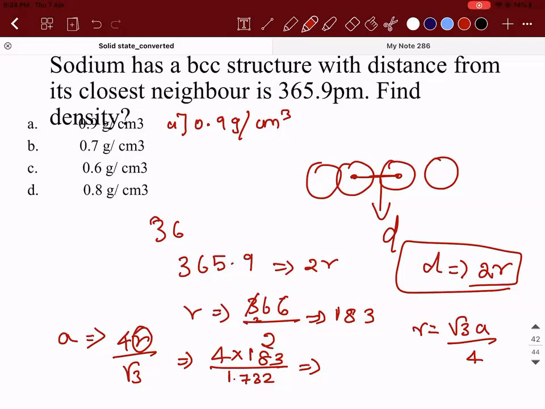Wait, where's the table, first of all? I'm right. For FCC, R is equal to A by 2 root 2. I'm right or not? R equal to A by 2 root 2. Okay.